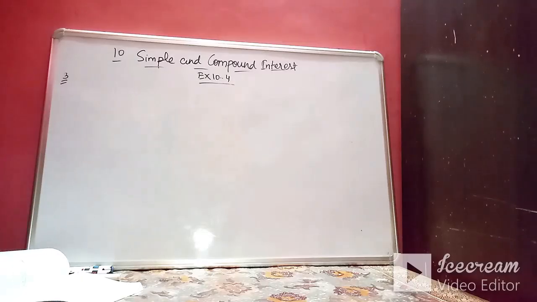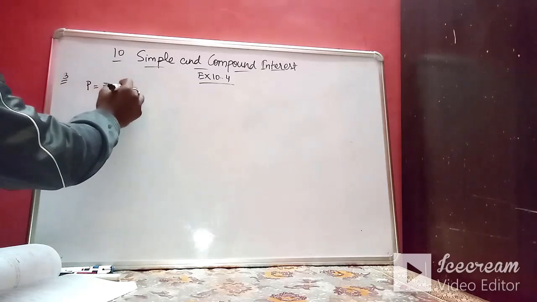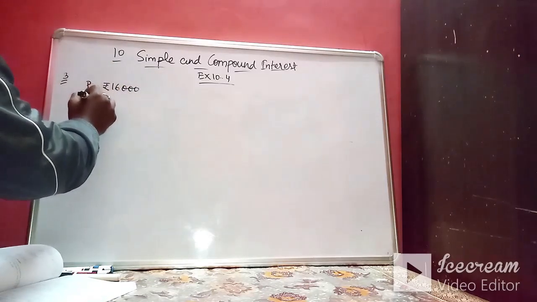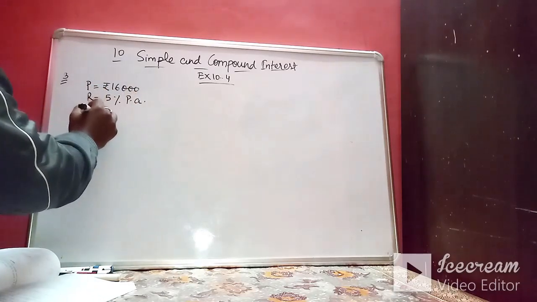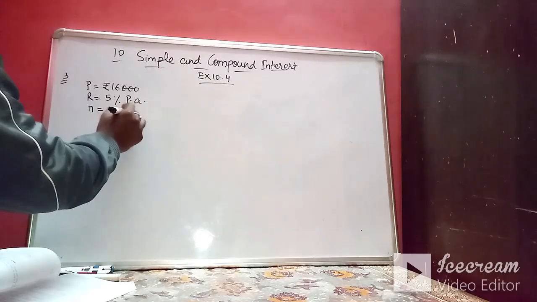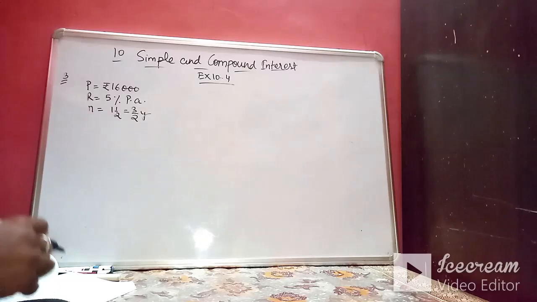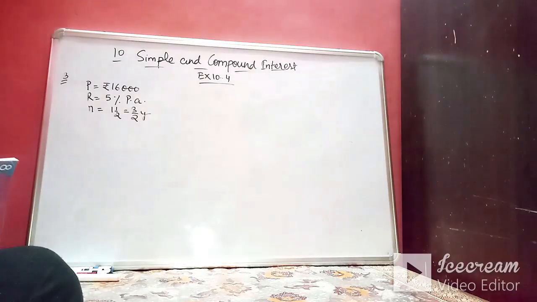To calculate the difference of CI and SI, principal is rupees 16,000, R is 5% per annum, and time here is 1.5, that is 3/2 years, and the rate of interest is compounded half yearly.